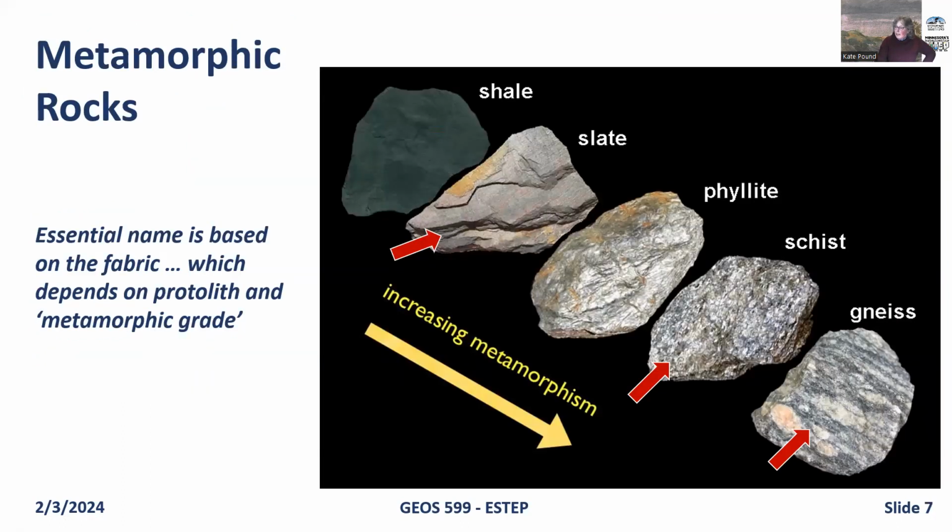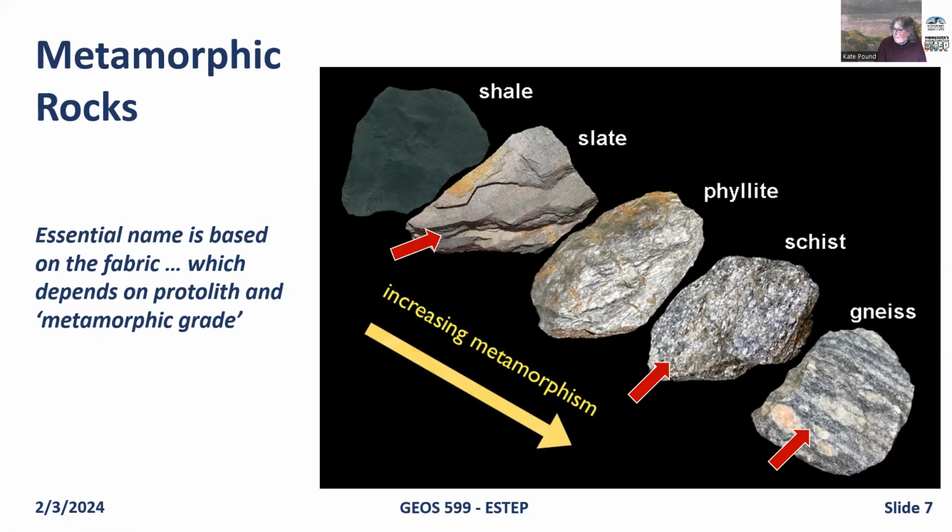So now let's go back to this image. We're thinking about the naming of metamorphic rocks again. These terms, shale, slate, phyllite, schist, and gneiss, are represented by each of these rocks. And they're the essential metamorphic rock name.